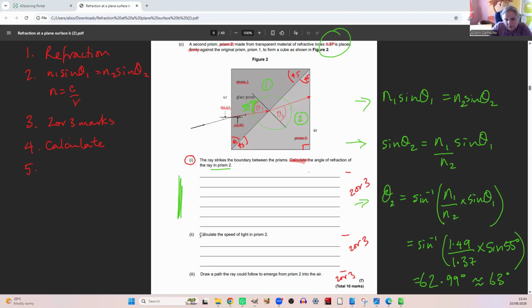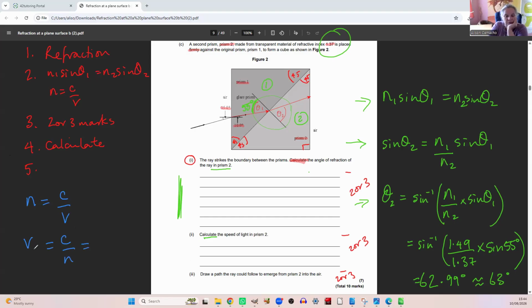Okay, now we're being told to calculate, there's the command word, the speed of light in prism 2. Which equation are we going to use for this calculation? Yep, n is equal to c over v. We want v, so we're just going to rearrange it.